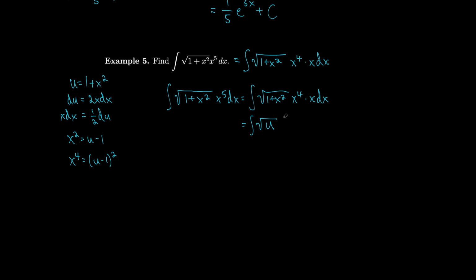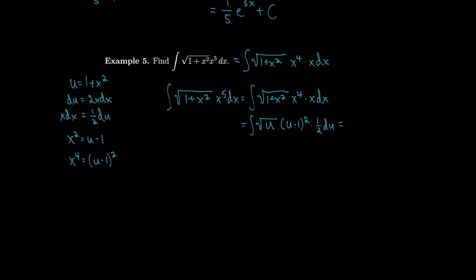We replace x to the 4th with u minus 1 squared. And replace x dx with half du. Doesn't look like we made progress, but we actually did make super progress because we have no more of this disgusting giant root. Our new square root is just on a single u.